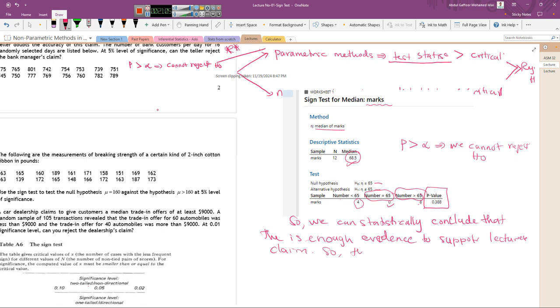So the median marks of his class is 65, even though the actual mean marks is 68.5. At 95 percent confidence level, we can conclude that the lecturer's claim is correct.